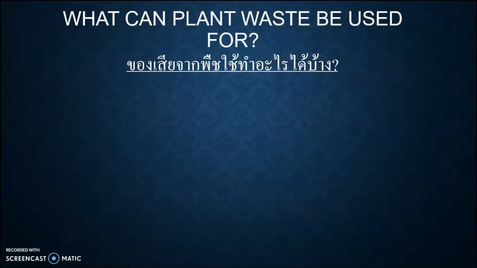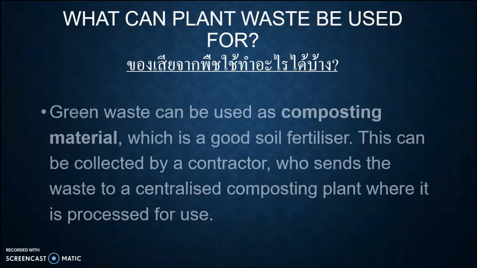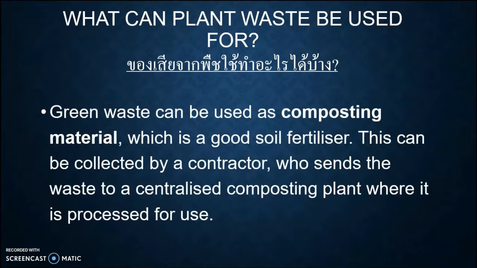What can plant waste be used for? Green waste can be used as composting material, which is good soil fertilizer. This can be collected by a contractor who sends the waste to the centralized composting plant where it is processed for use.